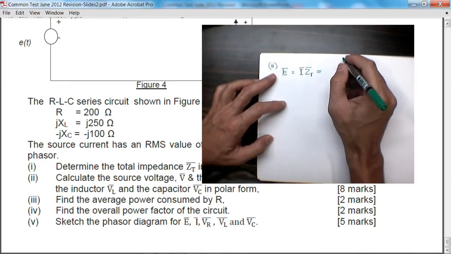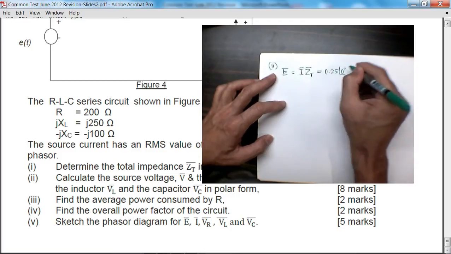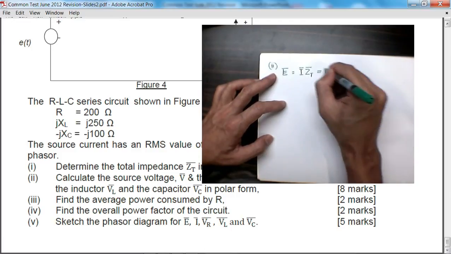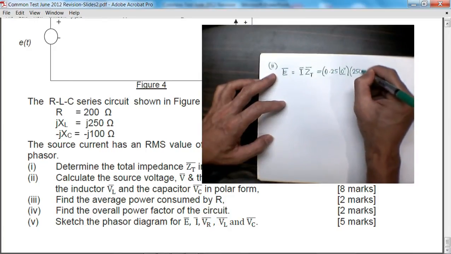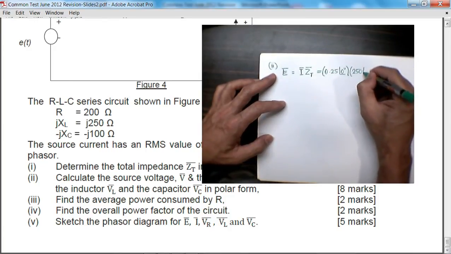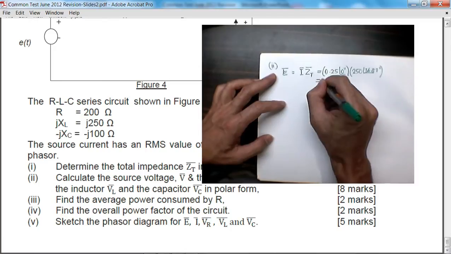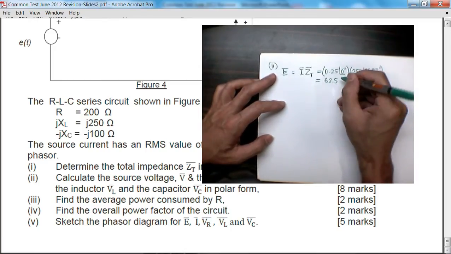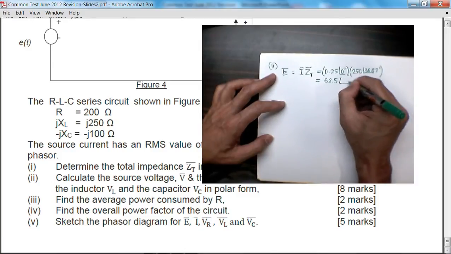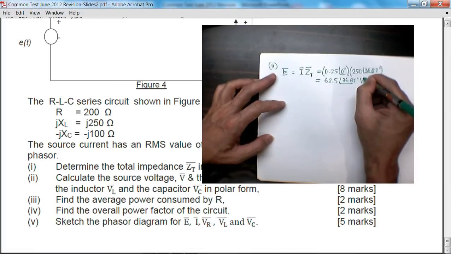That's equal to 0.25 angle of 0 degrees multiplied by 250, the total impedance that we calculated in part 1. That gives us 62.5 at an angle of 36.87 degrees volts.